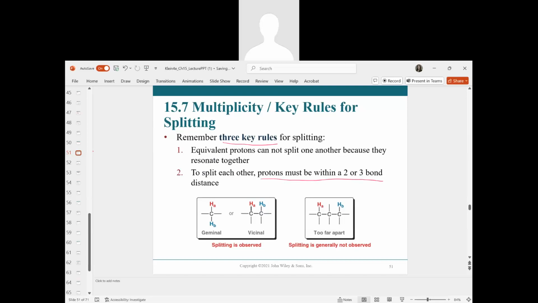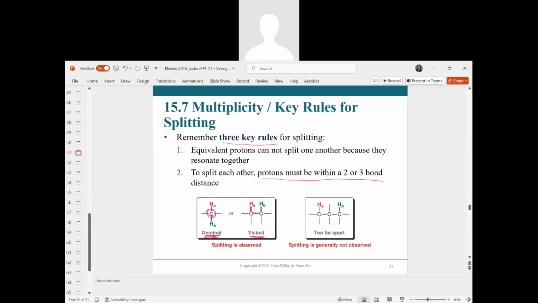If we look at geminal protons, those that are on the same carbon, they are within 1, 2 bond distance to each other. And then with vicinal protons, which are on adjacent carbons, these are a 1, 2, 3 bond distance from one another.